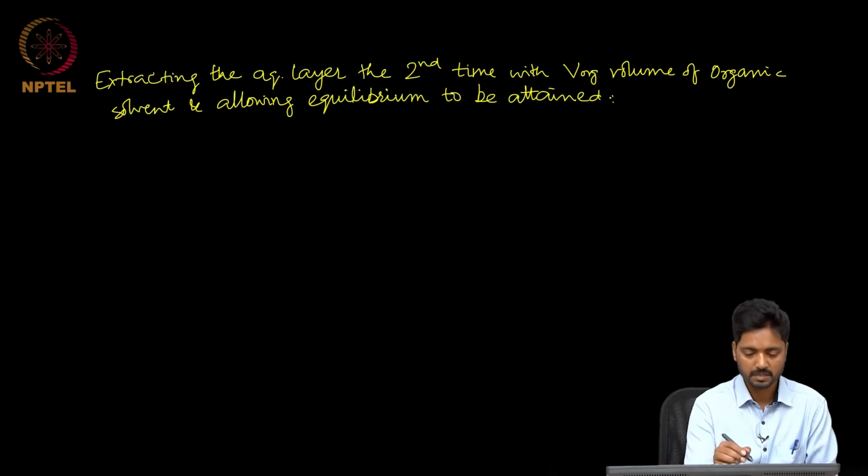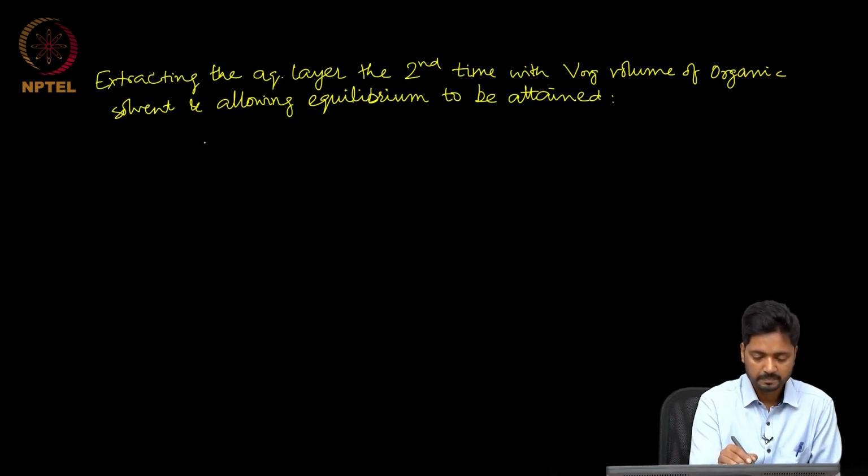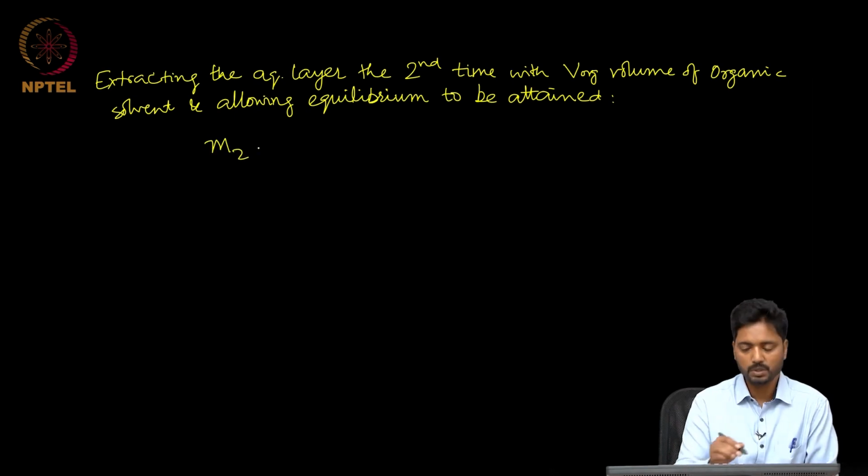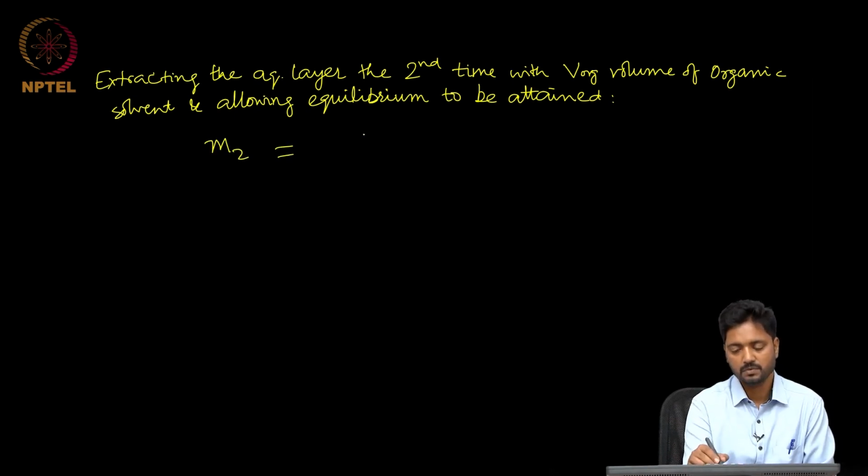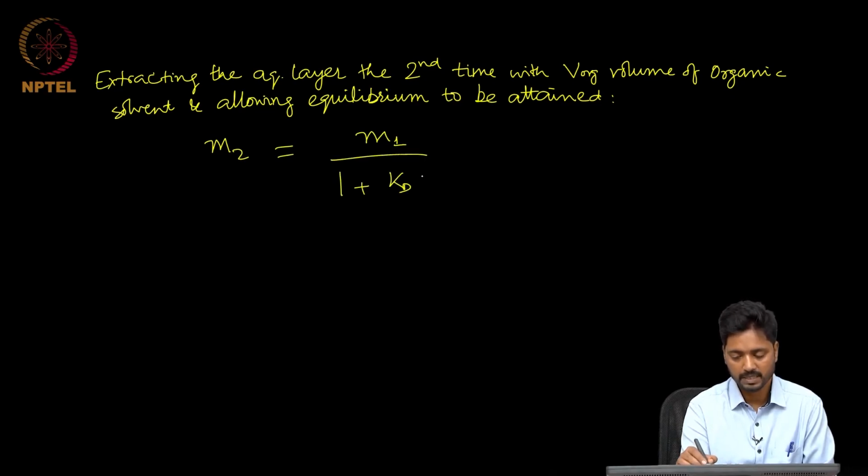This gives us m2, which is now equal to m1 divided by 1 plus Kd V org by V aqueous.